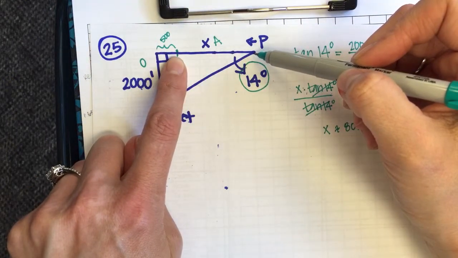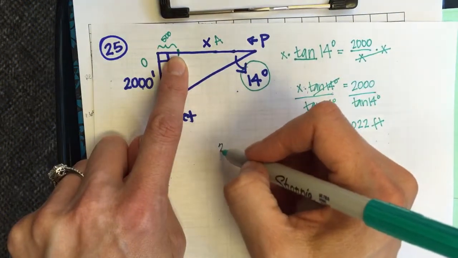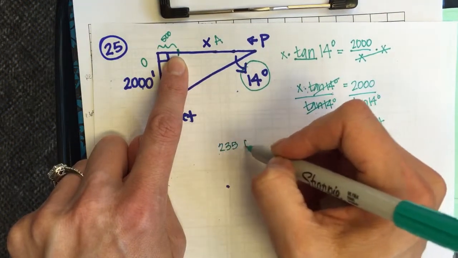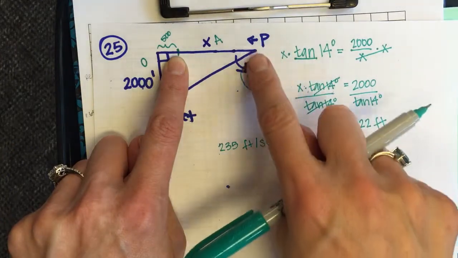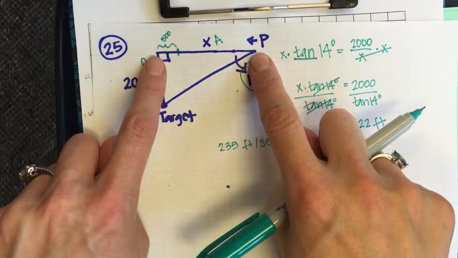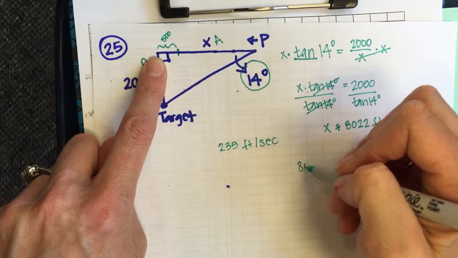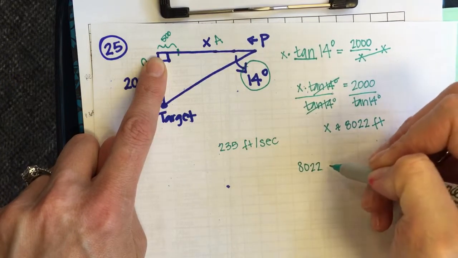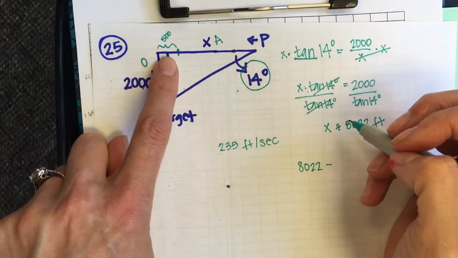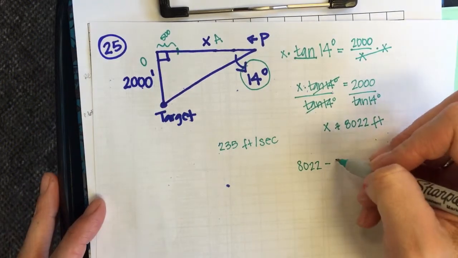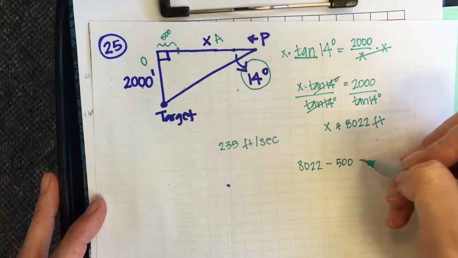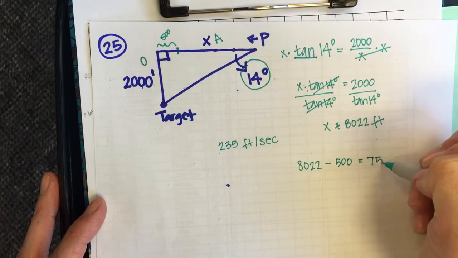And they told us that it goes 235 feet per second. This whole distance is 8,022 feet. And I don't want it to go that last 500 because I want to drop it before it gets that last 500. So 8,022 minus 500 is 7,522 feet.